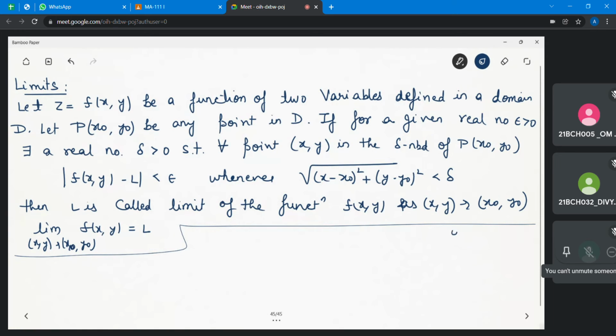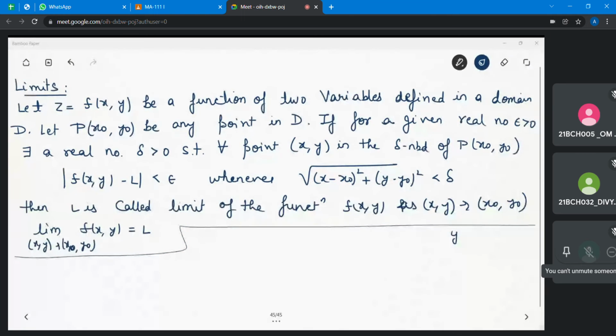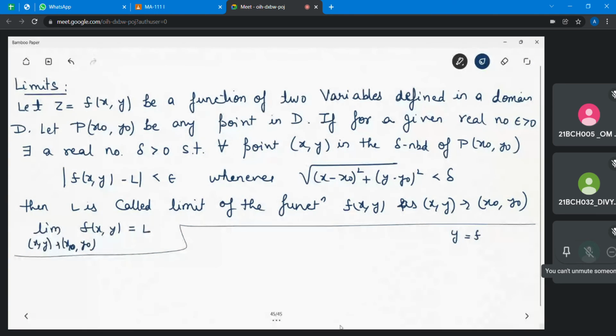Now when you studied the function of one variable, the same definition if I write down for the function of one variable is, we say that L is a limit of this function f(x) when it is written as limit x tending to x naught f(x) is equal to L. What does it mean?